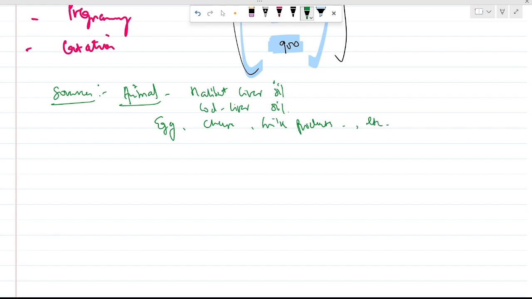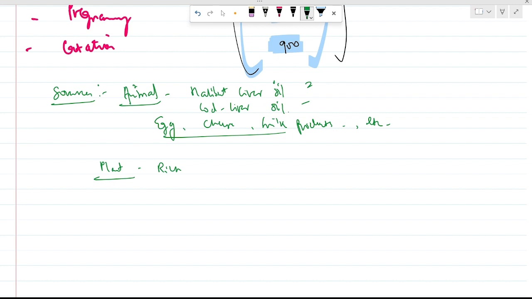These are the very important animal sources of vitamin A.